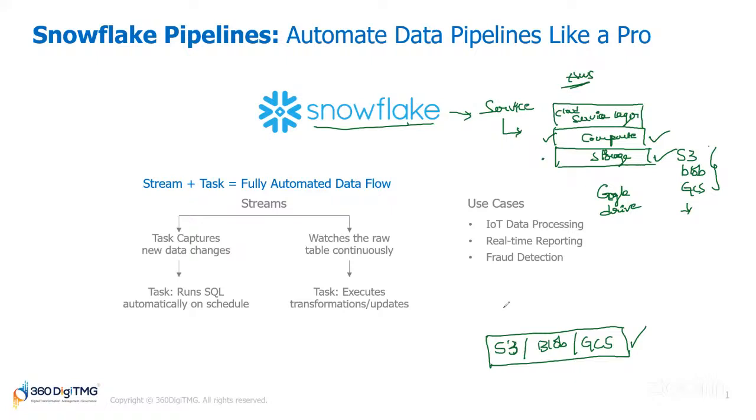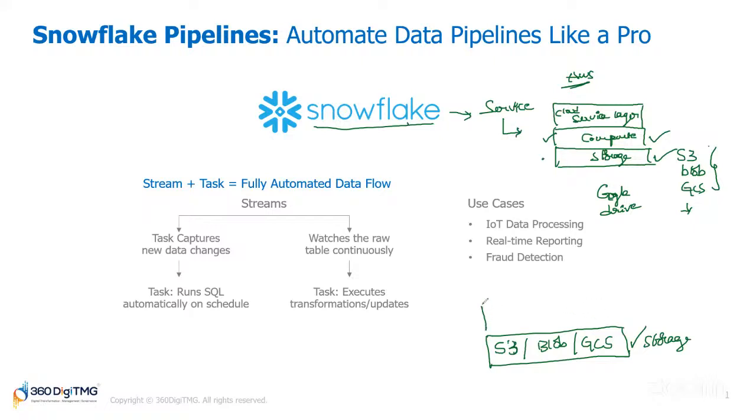Actually, Snowflake builds on top of these storage solutions. You can choose your S3 bucket or a Blob storage or GCS as your storage. Snowflake also has an inbuilt storage, but they also have an external storage. So the main USP is their external storage. You can bring in your storage from these clouds.